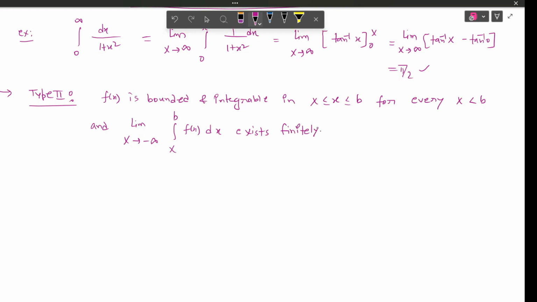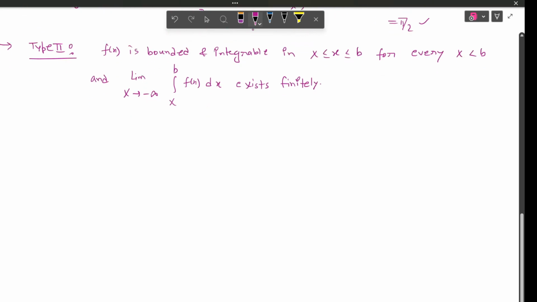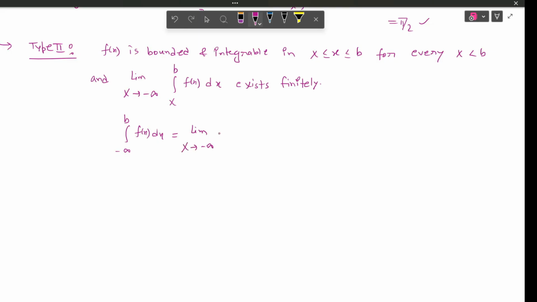Then this improper integral, let us say we have the improper integral from minus infinity to b of f(x) dx. Here we can see that the lower limit of the definite integration is infinite. So what we have to do is take the limiting value, that is the limit as X tends to minus infinity of the integration from capital X to b of f(x) dx.